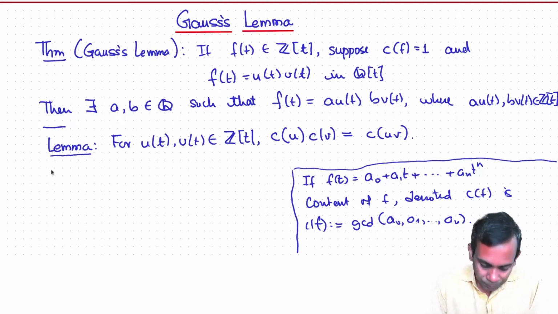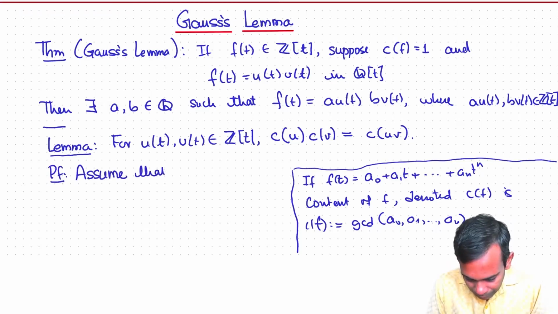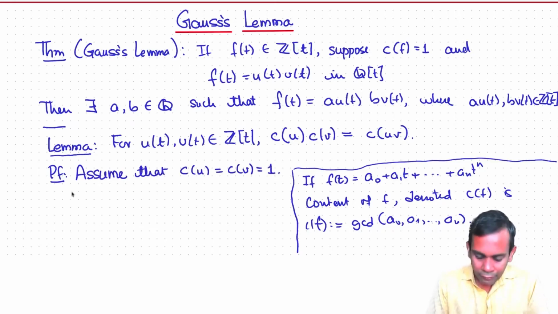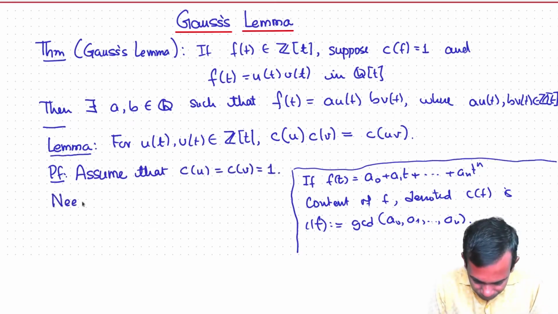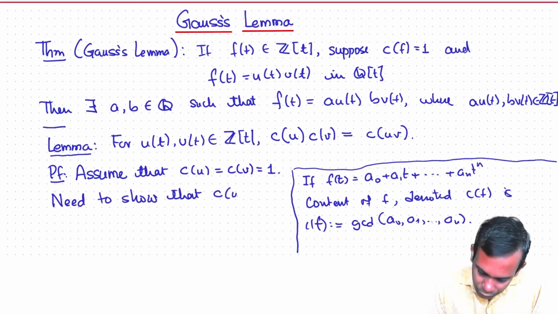So we can assume that without loss of generality, and then we need to show that the content of uv is also equal to 1.